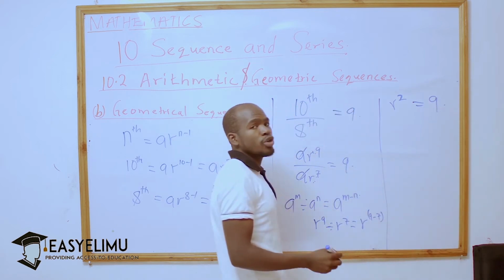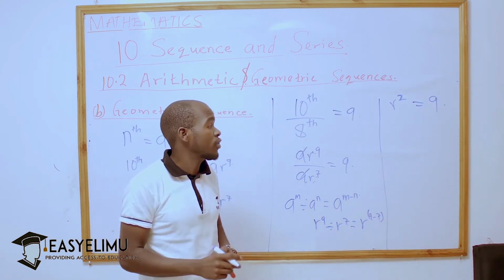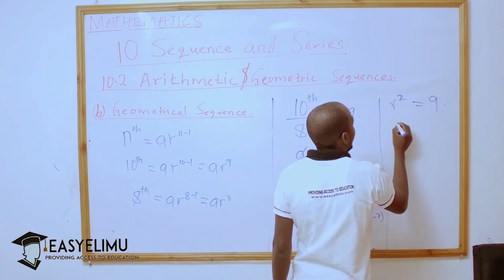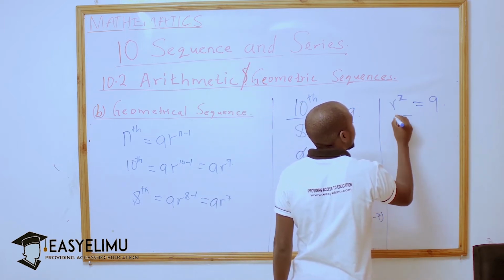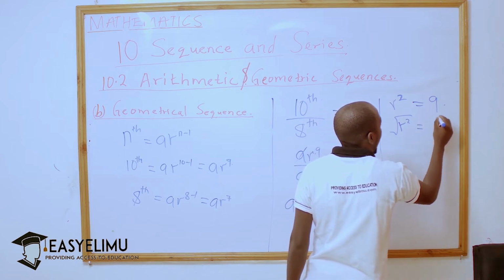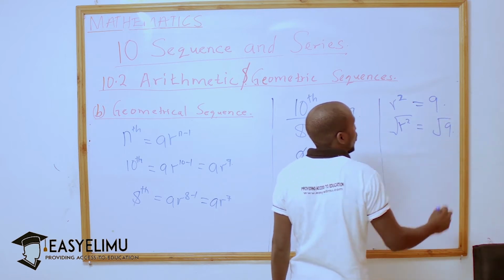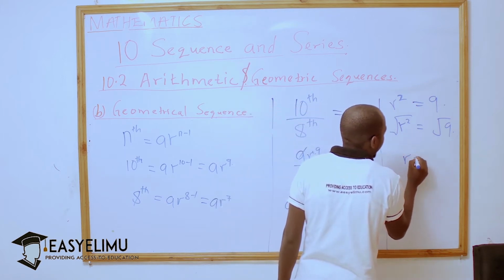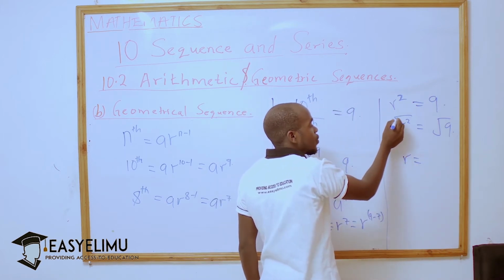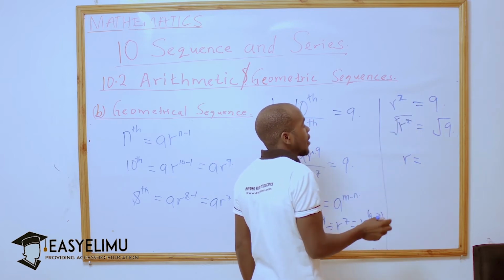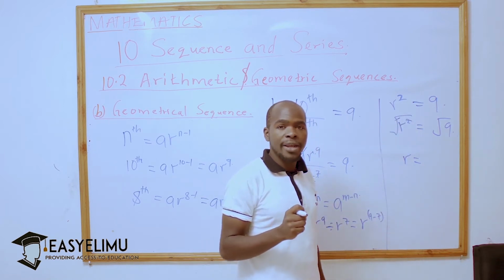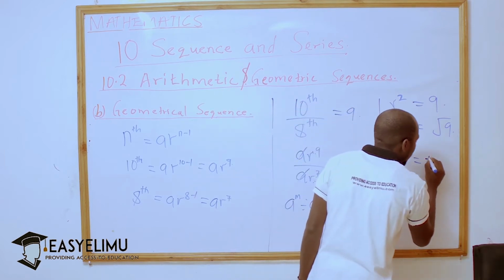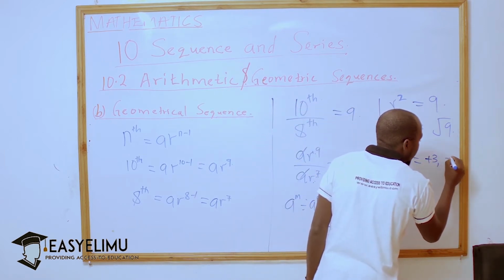So meaning if we were told to find two possible ratios of r, then r can be obtained by finding the square root on both sides, and we shall find the square root of 9 also. So you will find that r is equal to, because the square root and square will cancel, the square root of 9, which will give you two possible values, positive 3 and negative 3.